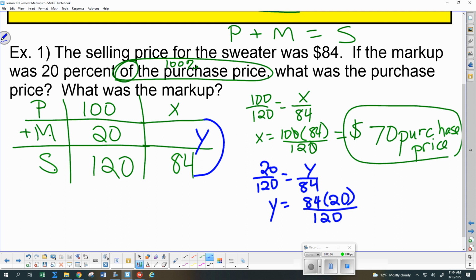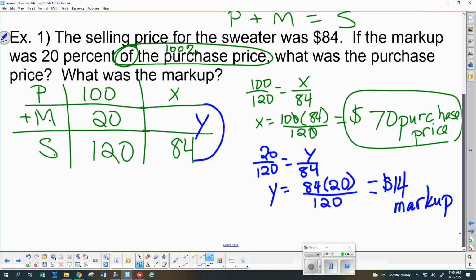And help me out with what we end up getting for that. You could do that with or without the calculator. Jonas, what'd you get? Anybody else getting 14? And this one was the markup. If you use the dollar sign, it better be on the left. If you put it on the right, you've got to write out the word dollars.